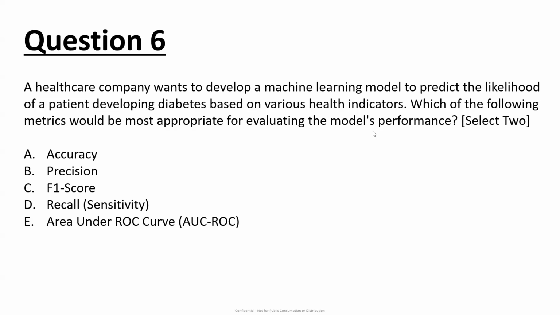So with the help of recall and AUC ROC, we will be able to evaluate how many patients are actually diabetic, and with AUC ROC we get the ability to separate the positives. Positive means diabetic here. So the answer should be recall and AUC ROC.